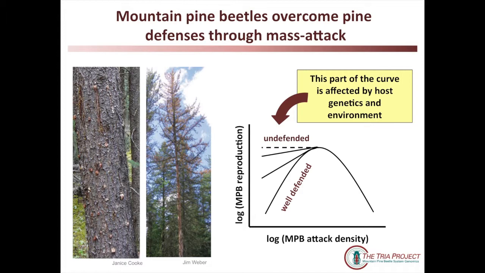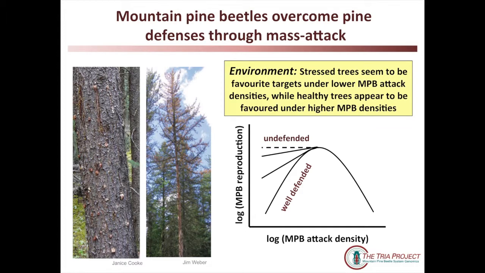So these are the classic curves from Raffa and Berryman in the 1970s and 80s. If we look at increasing numbers of mountain pine beetle that attack a tree versus the outcome of mountain pine beetle reproduction, we see that in the early phases of an epidemic, when populations are a little bit lower, an undefended tree is going to result in successful attack and successful reproduction, but a well-defended tree is going to be less than this ideal from the mountain pine beetle perspective.